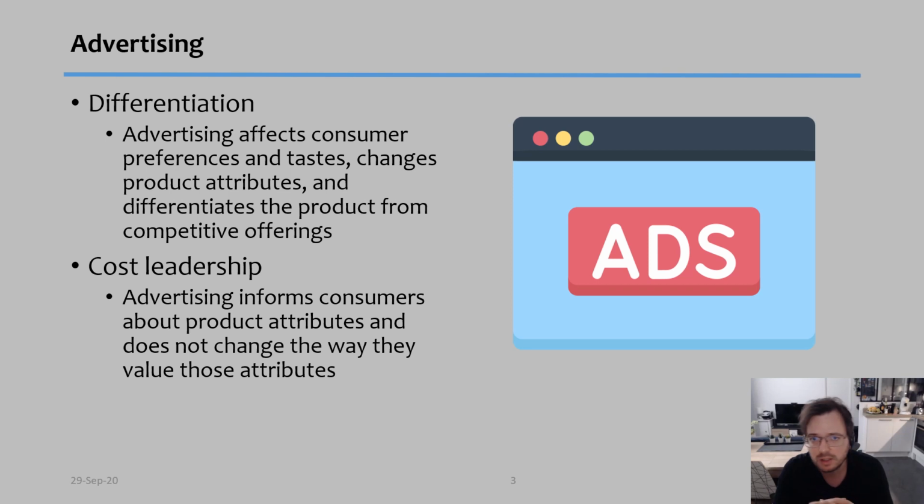Now, when you have cost leadership, your advertisement tends to be more informative. Advertisement for cost leadership is used to inform consumers about the product attributes and does not change the way that they value those attributes.